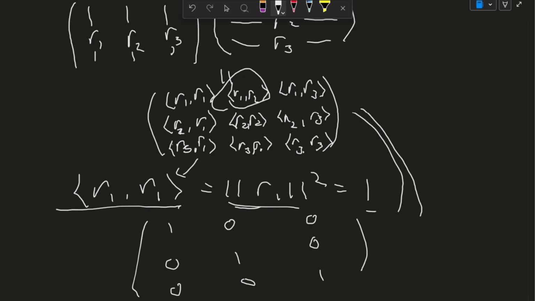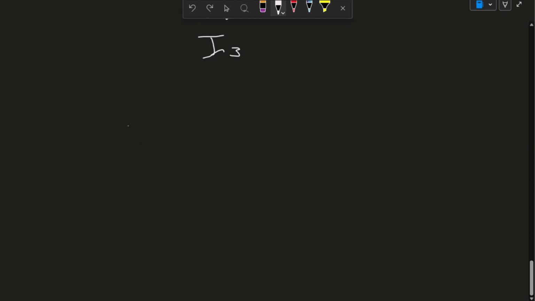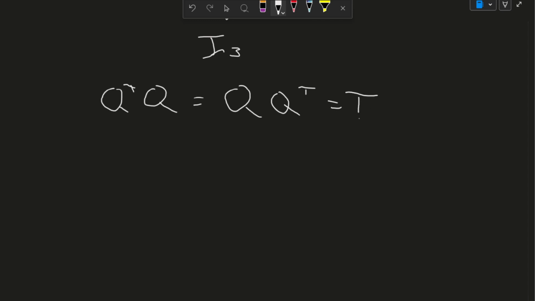So just by stating that our matrix times its transpose is the identity, we've actually stated that this matrix has orthonormal columns. And so you will sometimes see this written as Q transpose Q equals Q Q transpose equals I.